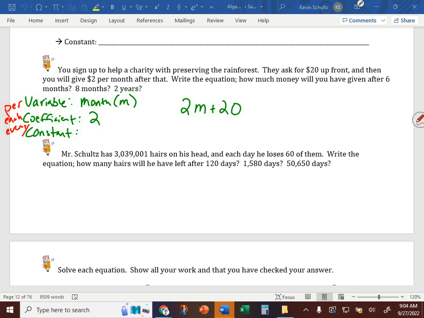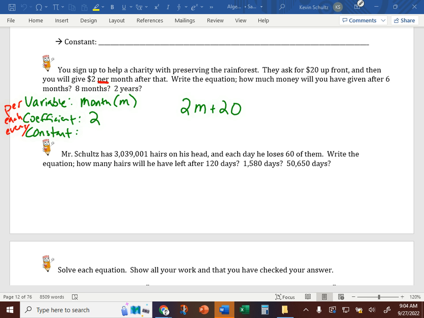So it tells us what is attached to that month. $2 per month. The word per, the word each, the word every, it means that you are multiplying something. It attaches that value to the variable, right? The more months that you're a part of this, the more money, the more times you will pay that $2, right? So that's the role there.